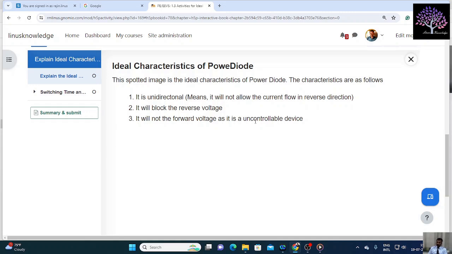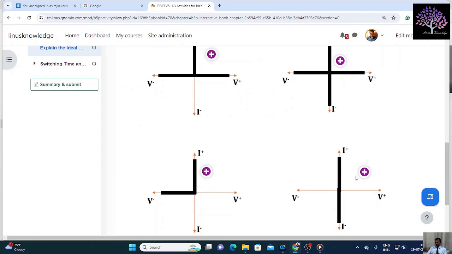Forward voltage means that whenever the anode is positive and the cathode is negative, the voltage is forward voltage. At that time, as there is no third control terminal, you cannot control the switch, so you cannot block the forward voltage. In detail, you will learn it in the further classes, right?